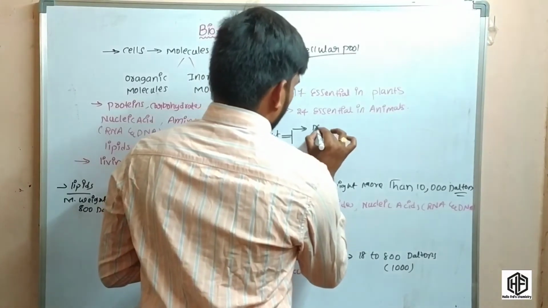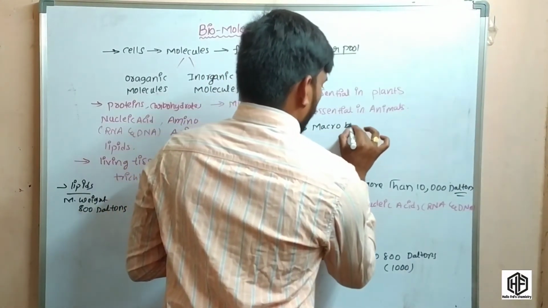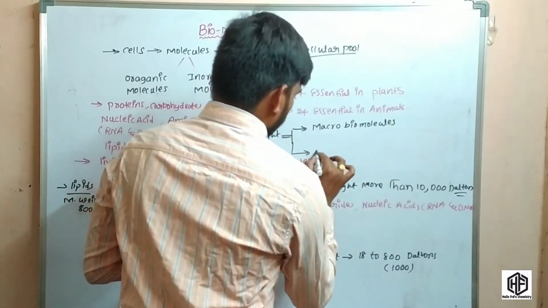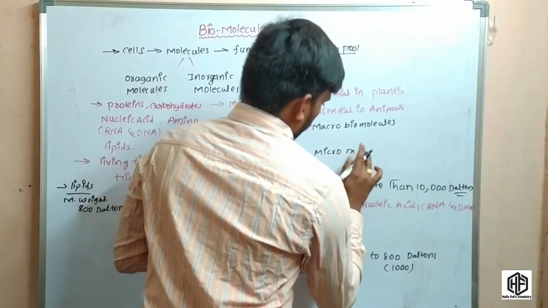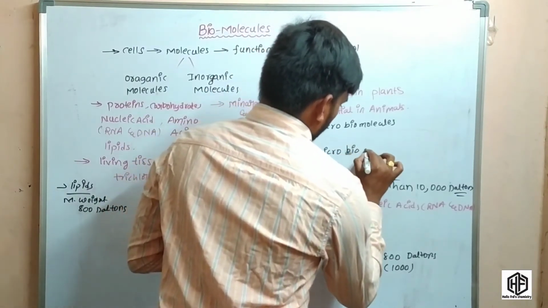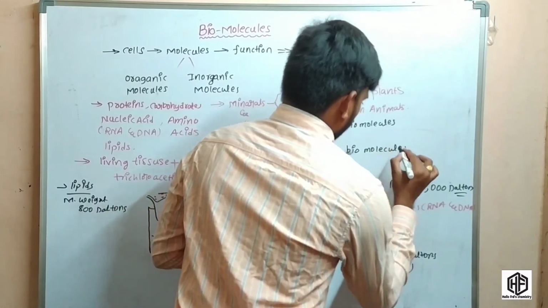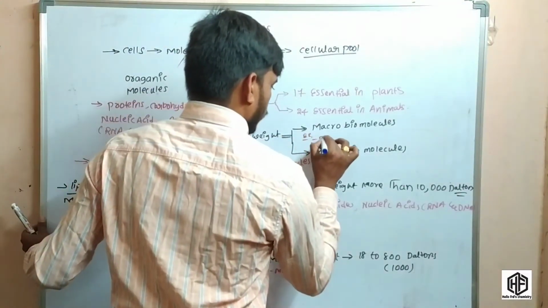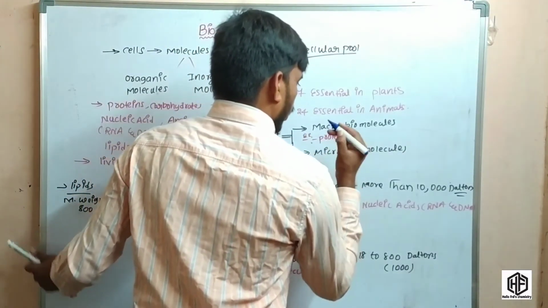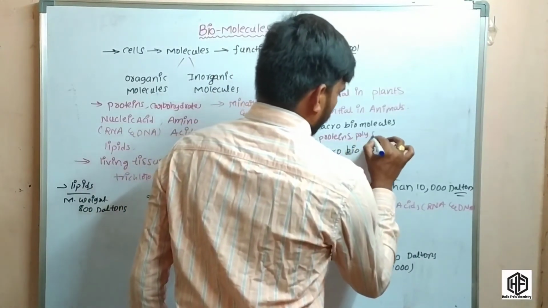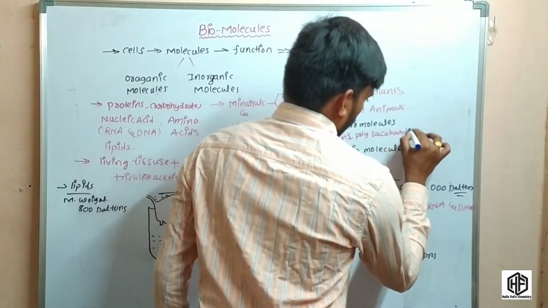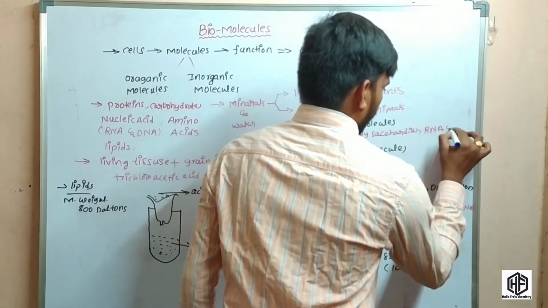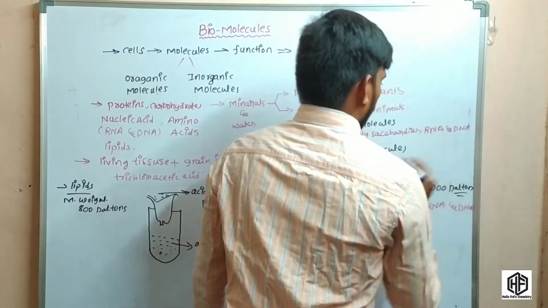One is macro biomolecules and another one is micro biomolecules. The examples of macro biomolecules are proteins and polysaccharides and RNA, DNA, which are the nucleic acids.